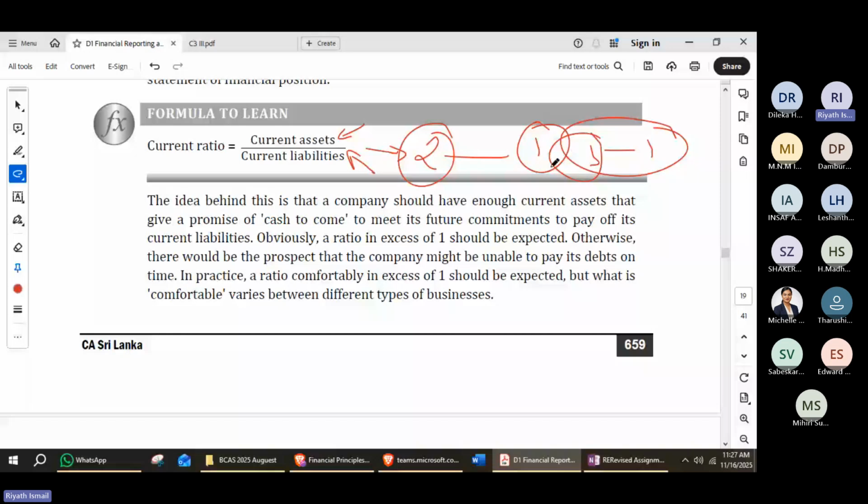For example, if you look at Cargills Food City and other retail shops, the inventory period is very short, right? Within a few weeks they sell the items, say sugar, milk powder, coconut powder, soft drinks, yogurt.